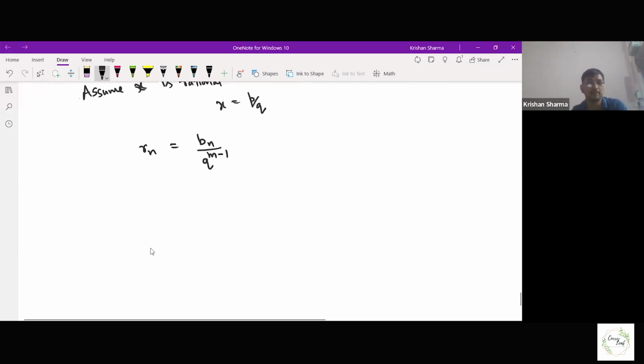So far what we have is that the square root of 2, and in general 2 raised to power 1 by n, if not an integer, then it is irrational.